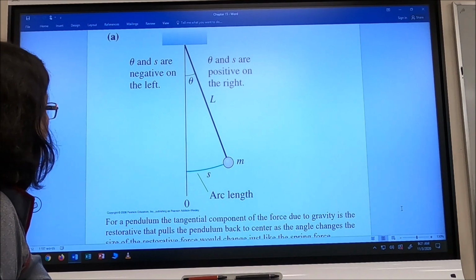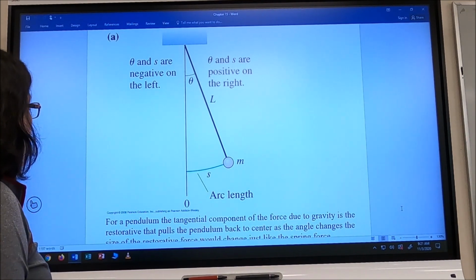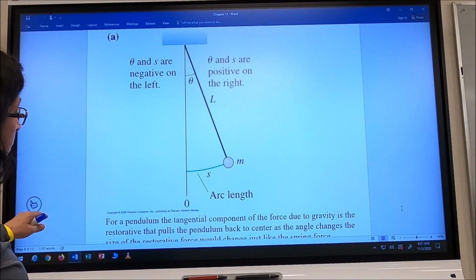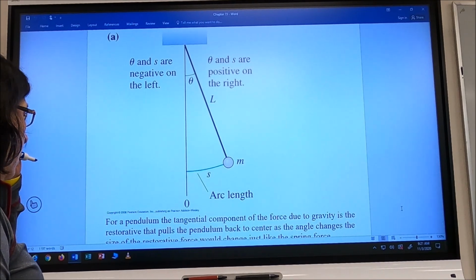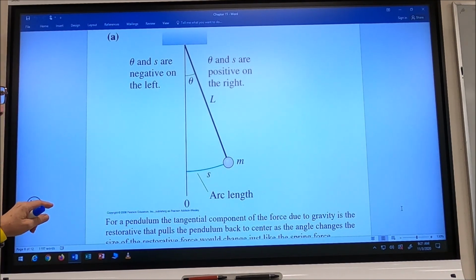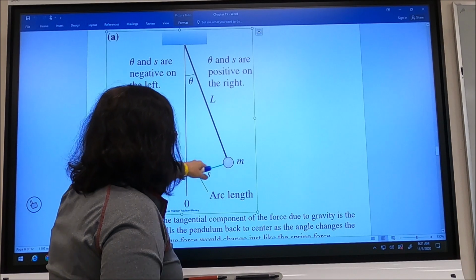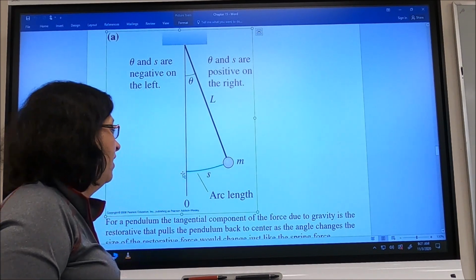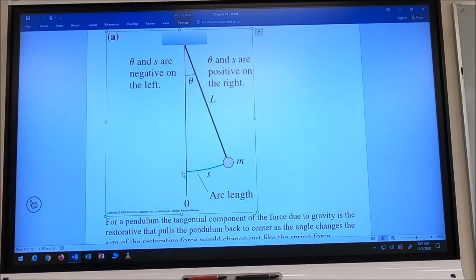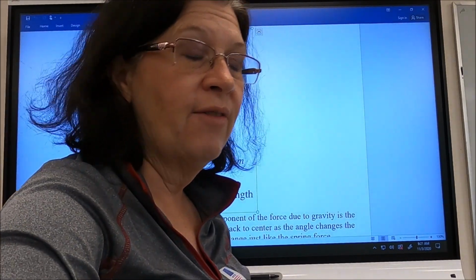Now, when we think about the pendulum swinging, the tangential component of the force that's pulling it back towards center is actually due to gravity. So in this case, our restorative force is gravity, or gravitational force.